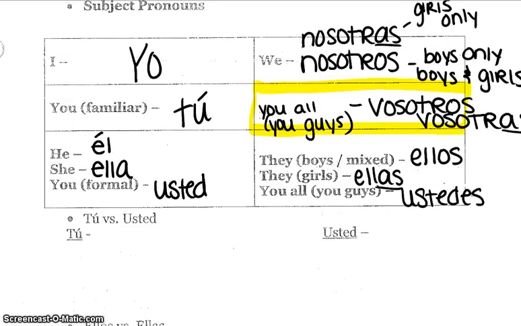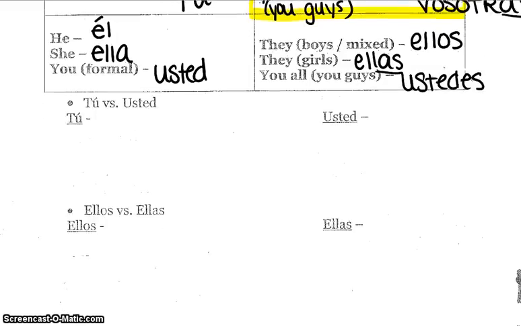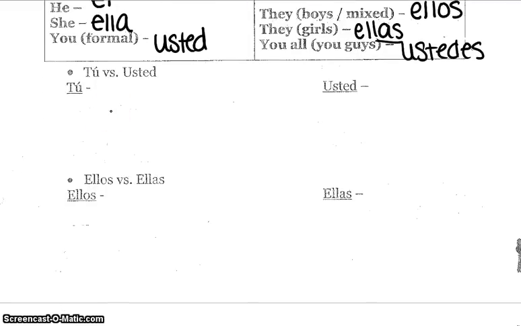So if you look toward the bottom, I want you to fill in these couple spaces. So, tú versus usted. What's the difference? Who might we use tú with? We might use tú with friends, with family, or with peers.